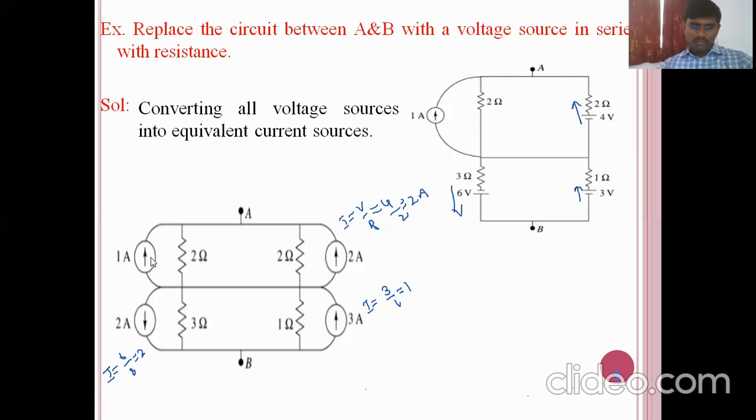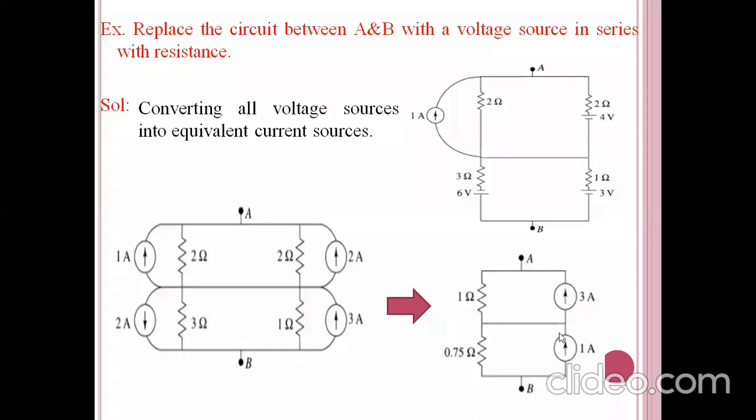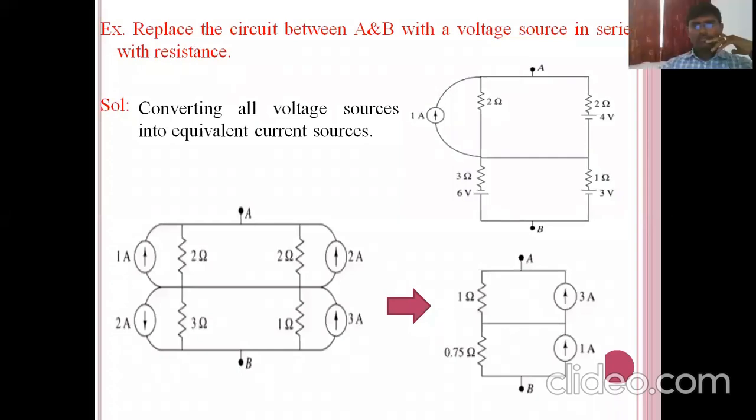Now here these two, 1 amp and 2 amp, are in parallel. Both are entering into this node A, so we have to add these two: 1 plus 2 is equal to 3.